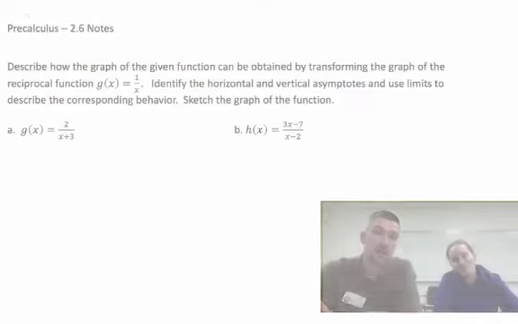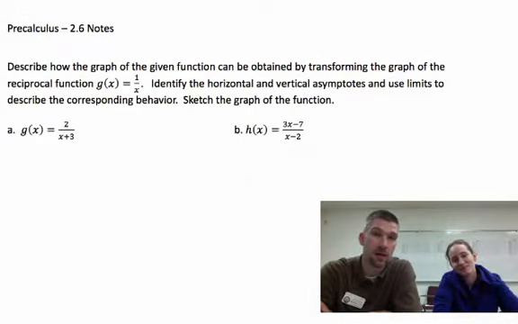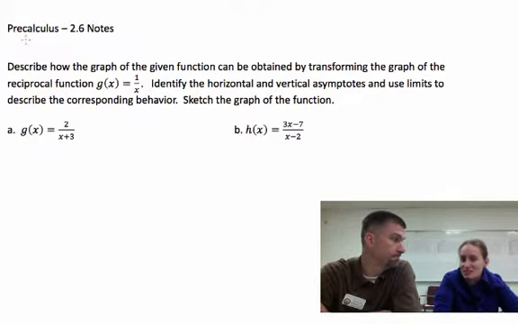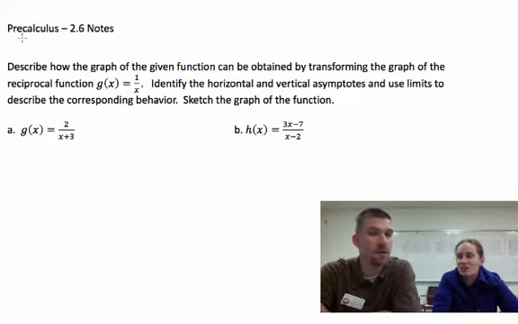Okay, so keeping along the lines of where we are and are not defined in the denominator, we can describe how a graph can be obtained from the reciprocal function. If we think back to Chapter 1, we talked about parent functions, and most of the functions are going to be related to g of x equals 1 over x.